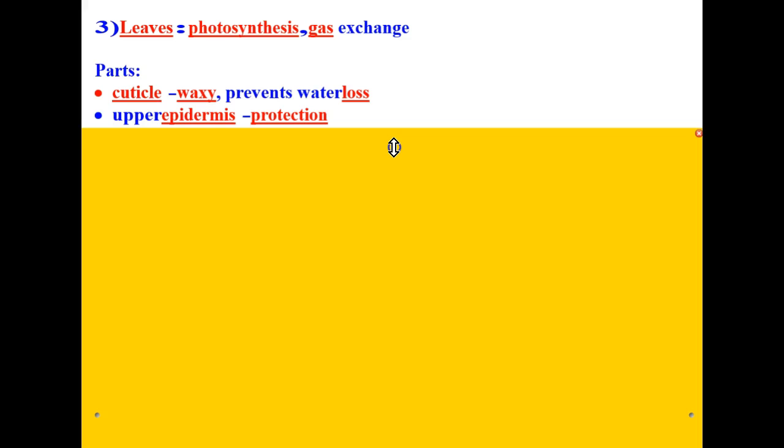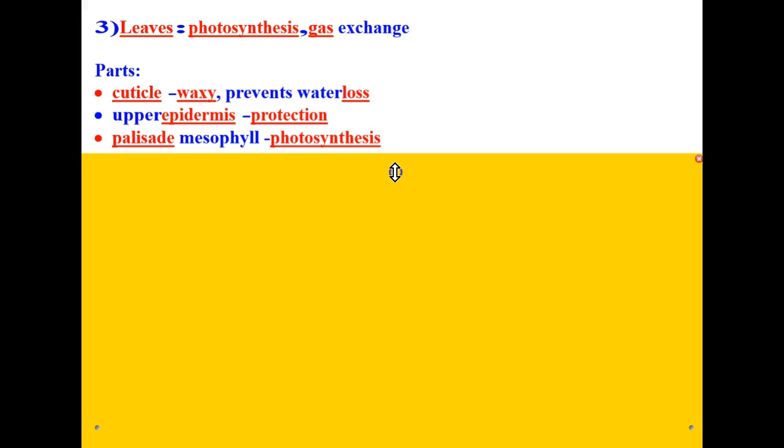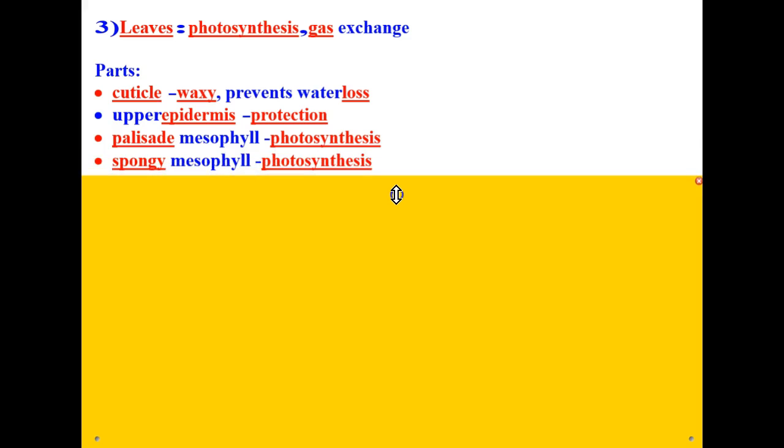We have the upper epidermis, which is responsible for protecting the inside part of the leaf. You have your palisade mesophyll layer that performs photosynthesis, and you have your spongy mesophyll layer, which also performs photosynthesis.